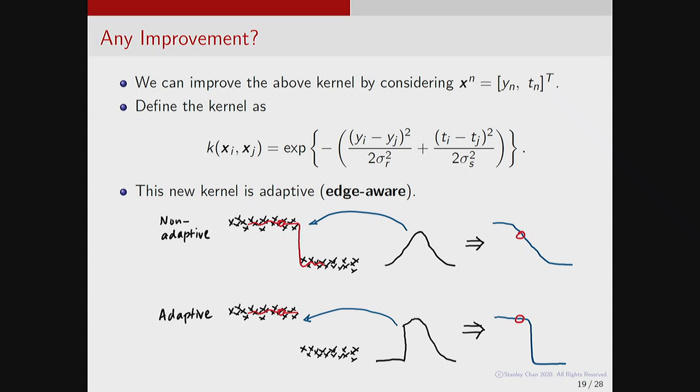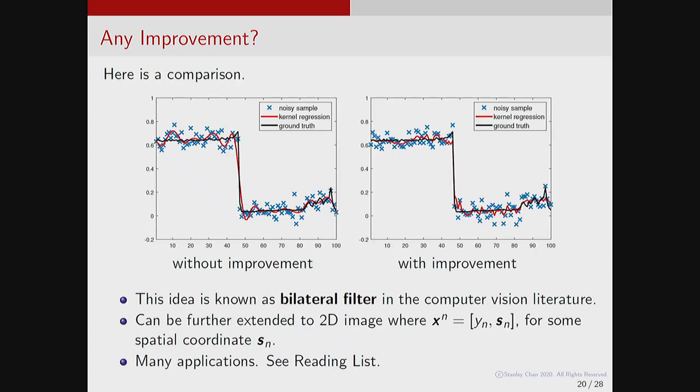So this concept of edge-aware kernel can also be applied. And if you apply that, you will see the following result. Without it, you will still have some good result. But if you use it, you will have an even better result, because now you can capture the sharp edge using the y values.